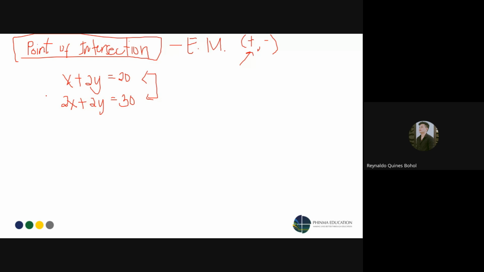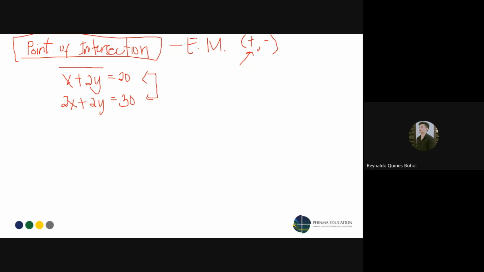So, how are we going to eliminate one variable and then may matitirang isang variable? What is the operation? Is it minus or plus? Hello? Minus, sabi ni Bien. Very good.